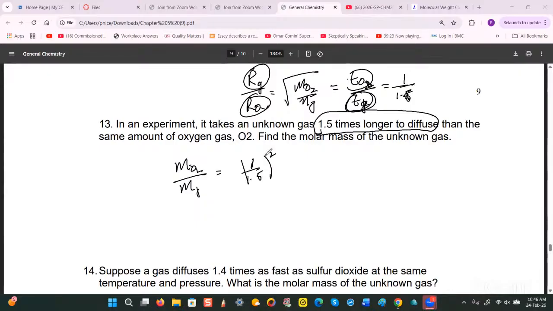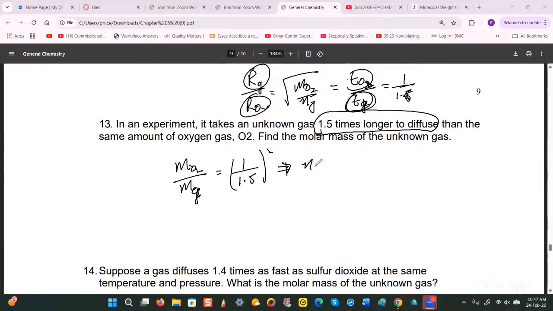I'm sorry, folks, for some reason, this thing is not responding whenever I try to write something. Let me try this again. 1 over 1.5 squared, right? So the aim is to find M_G, the molar mass of the gas.